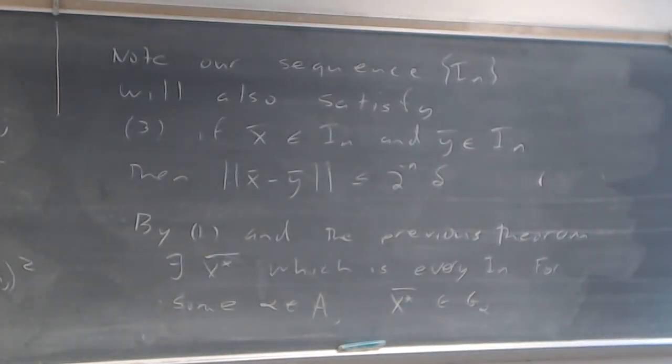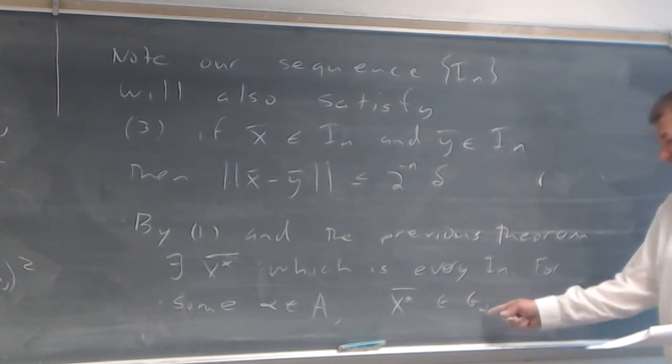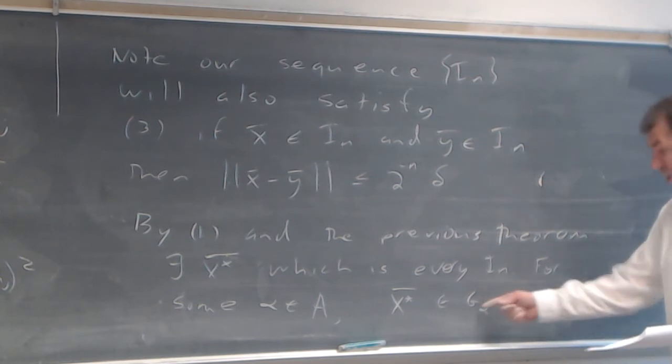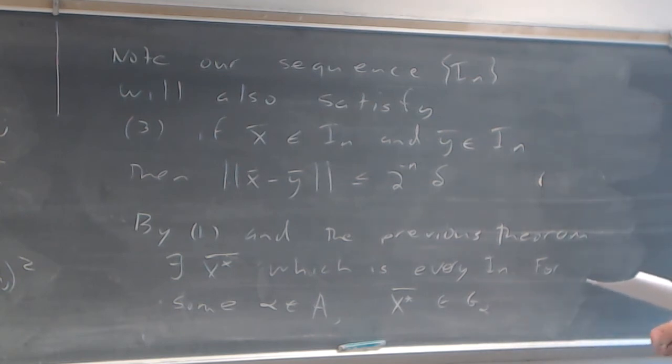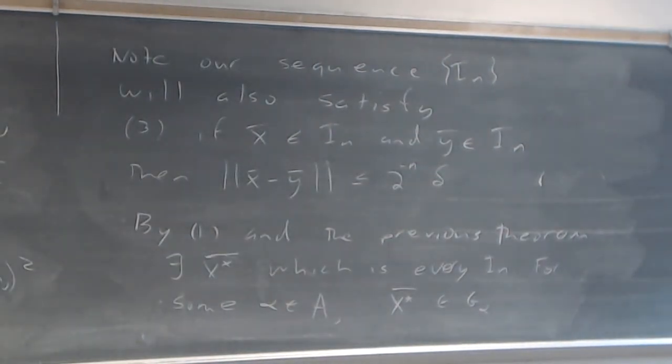The collection of G sub alpha will cover I sub n, and so x sub star bar has got to be in one of them. What do we know about these G sub alphas? Well, they're part of an open covering, and this particular G sub alpha is open. So let's talk about what we can get from G sub alpha being open.